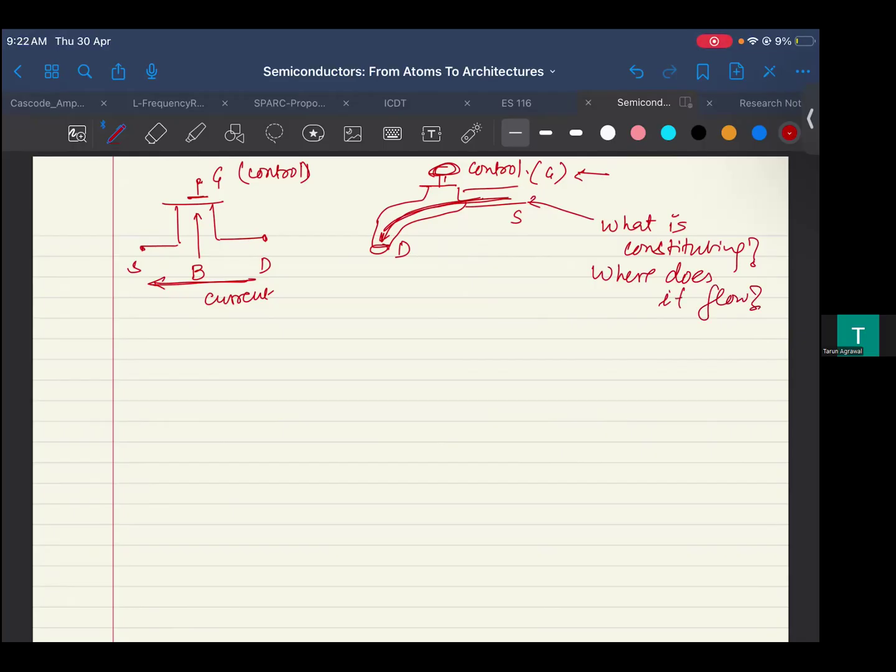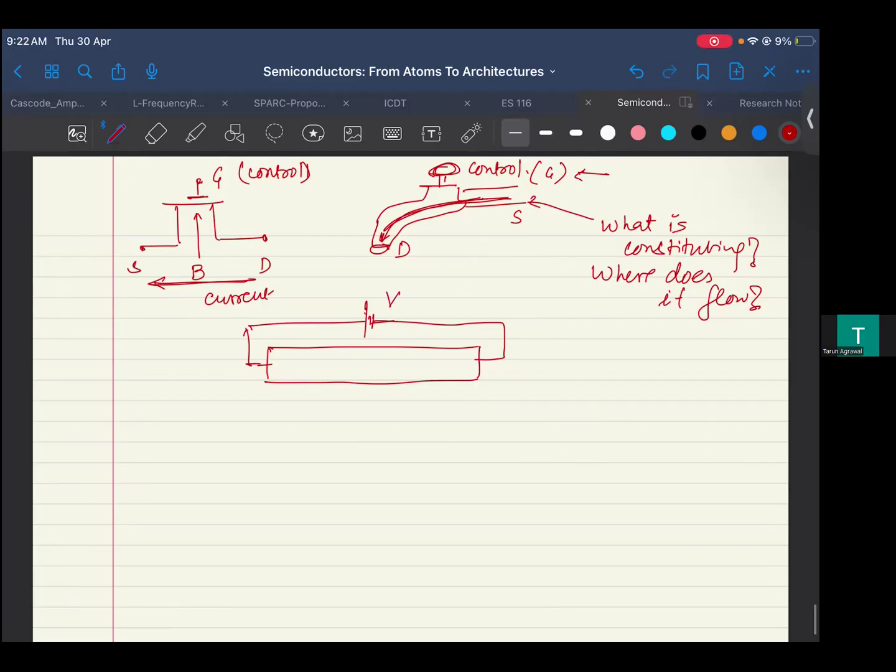Current could flow through any material where we apply a certain potential. It could be a metal, a conductor, a semiconductor, whatever different materials you have, or even an insulator.